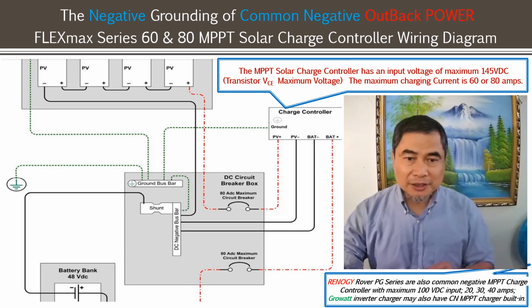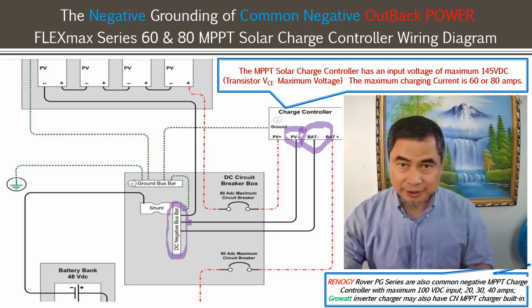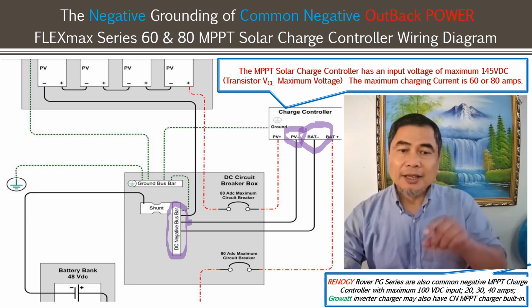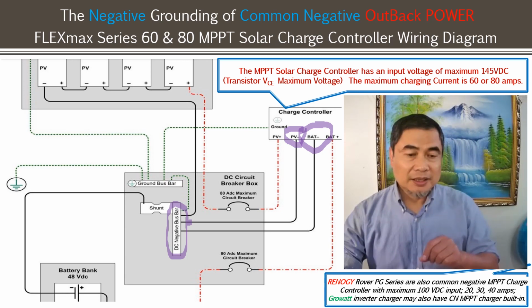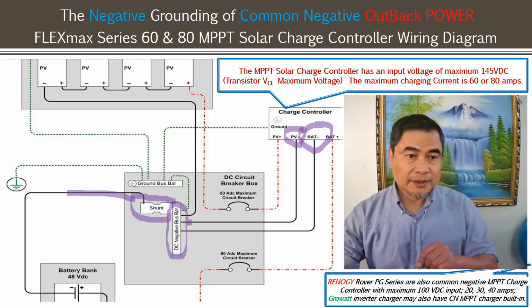Why? Because this PV negative, battery negative, it's all connected to the DC negative bus bar here. It has to be a common negative design inside the MPPT solar charge controller. And the negative is also connected to the solar array, right? Solar array here.